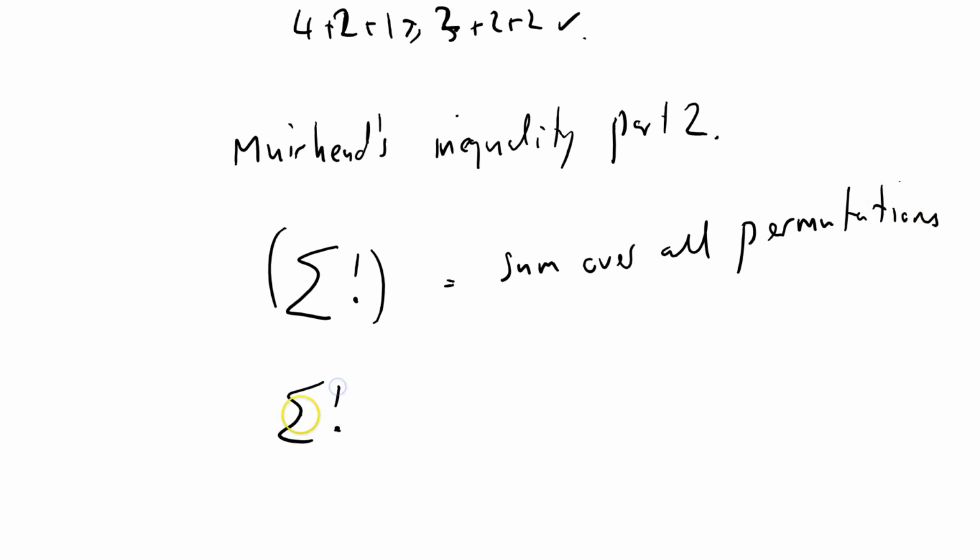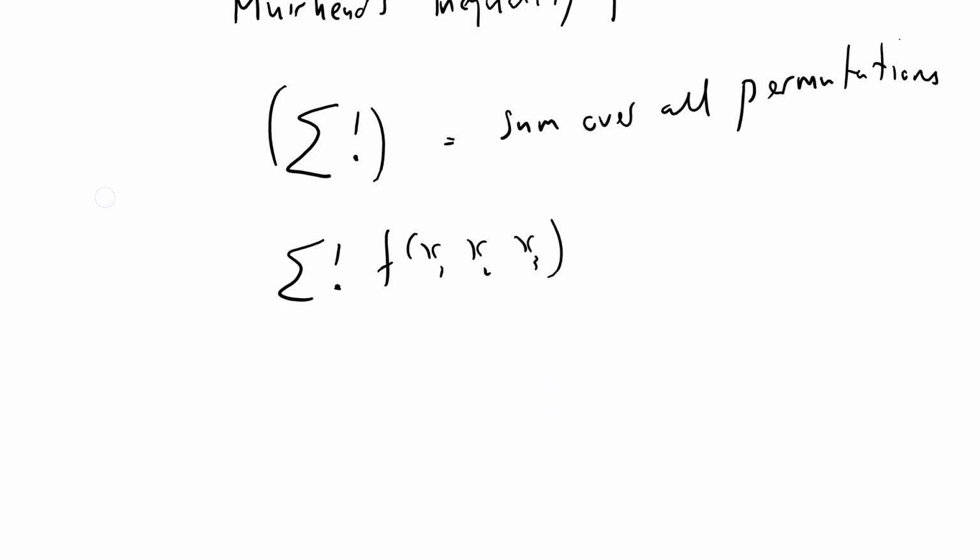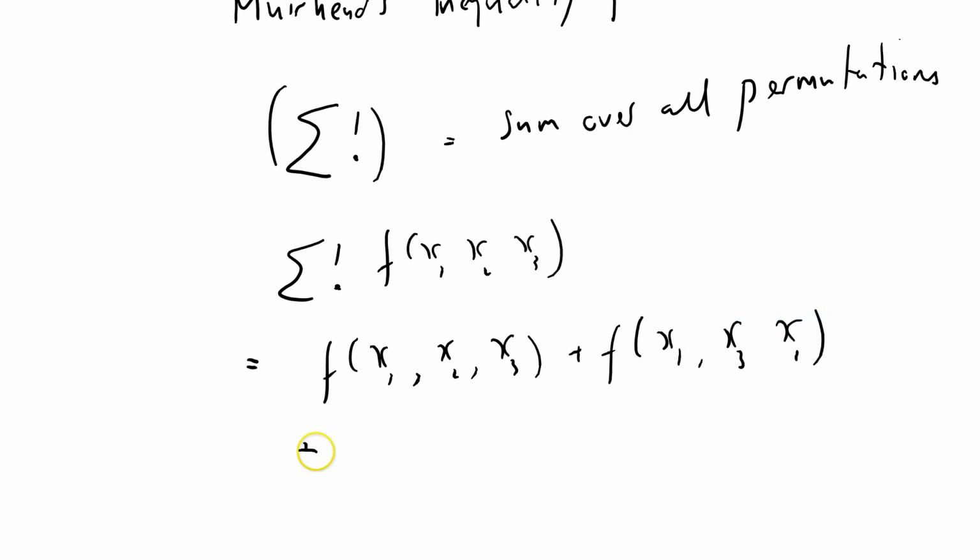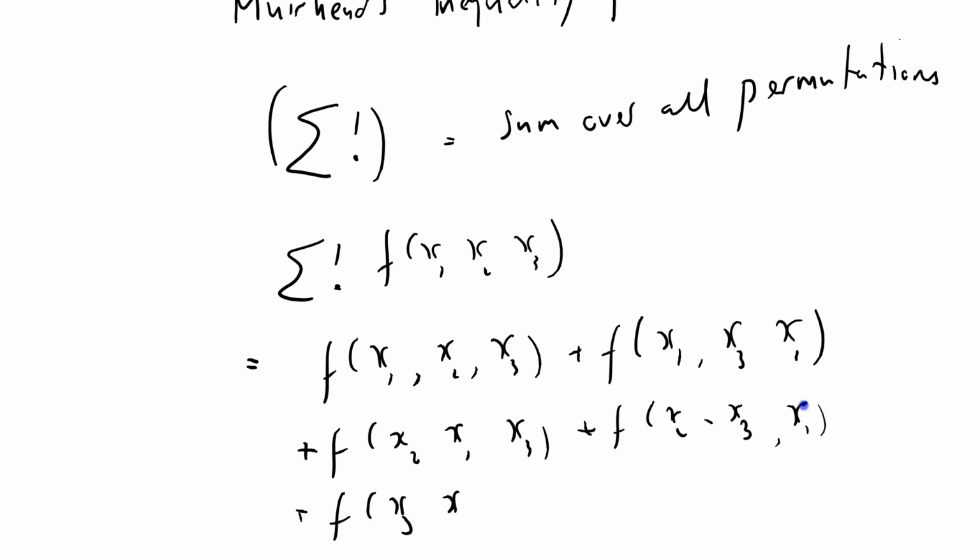Sigma factorial of f of x1, x2, x3 equals f of x1, x2, x3, plus f of x1, x3, x2, plus f of x2, x1, x3, plus f of x2, x3, x1, plus f of x3, x1, x2, plus f of x3, x2, x1.